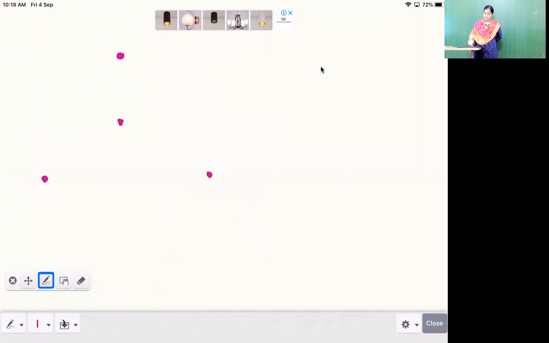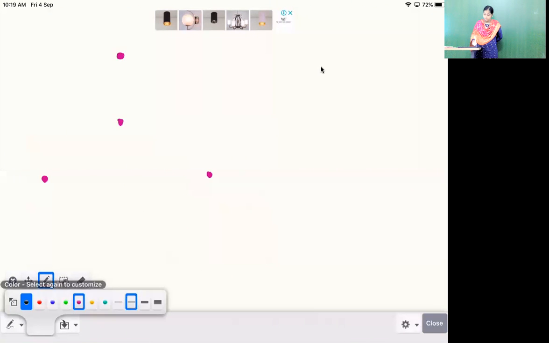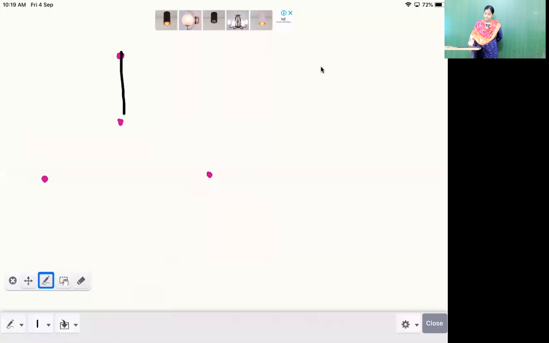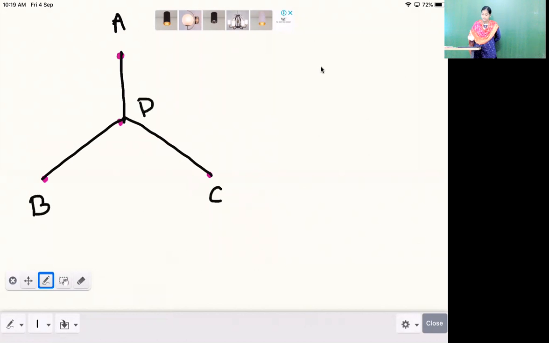So I have taken this as my tree. The nodes I am naming as A, right? This is B, this is C, and this is D, right?